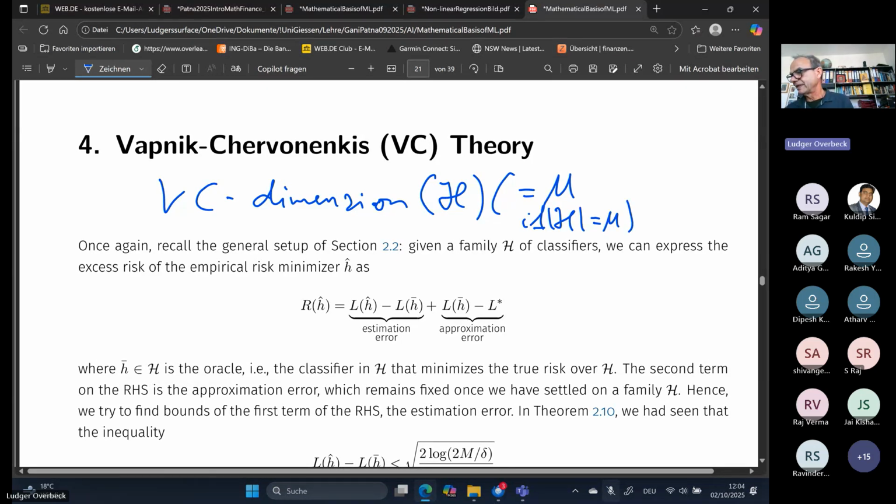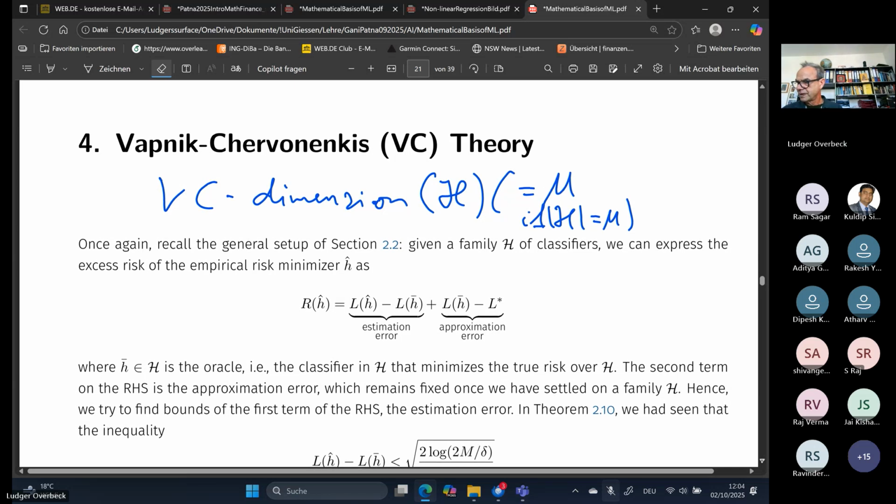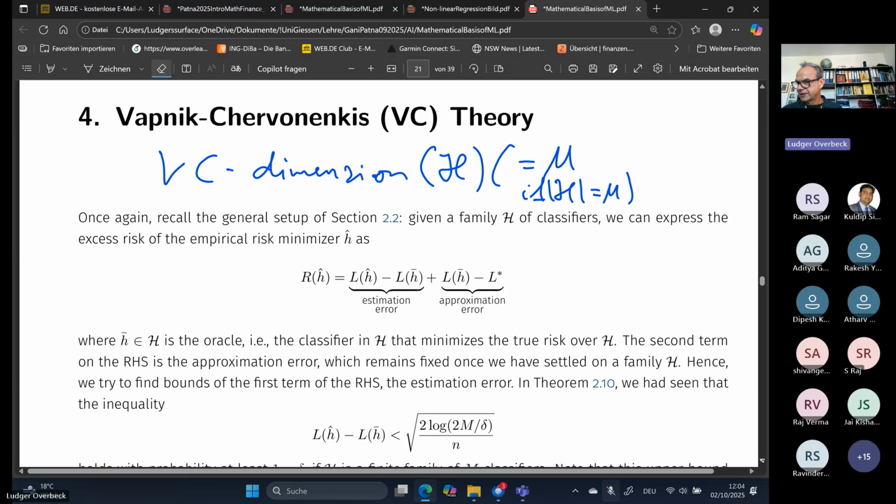If it's finite, we don't have to consider it, but it's a generalization of this. If it's finite, we don't need it, we just take M. This was our statement we had here.